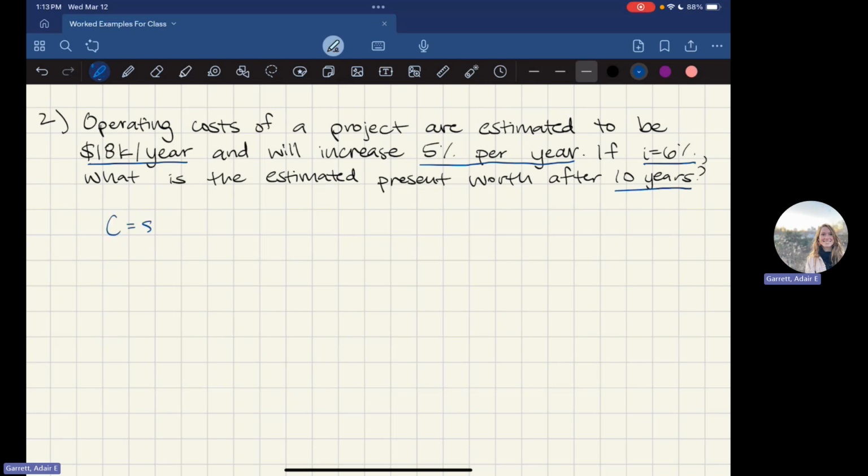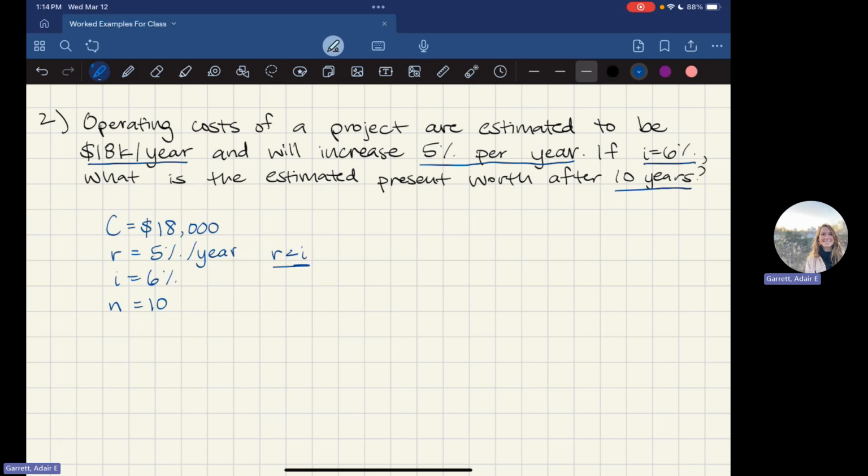So we know that C is equal to 18,000. We know that R, our growth rate, is 5% per year, and I is equal to 6%. So here, R is less than I. And then we know that N, our number of time periods, is equal to 10.